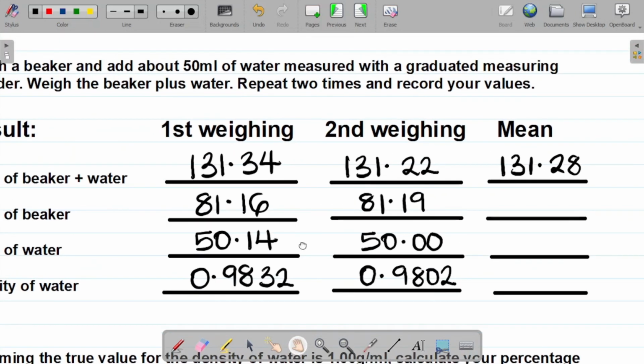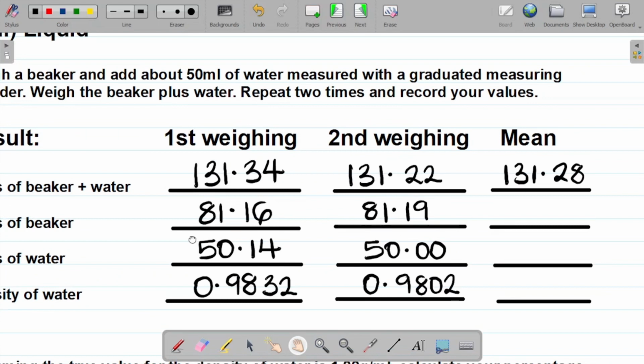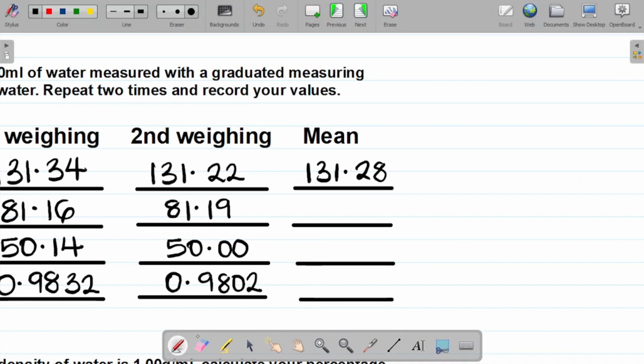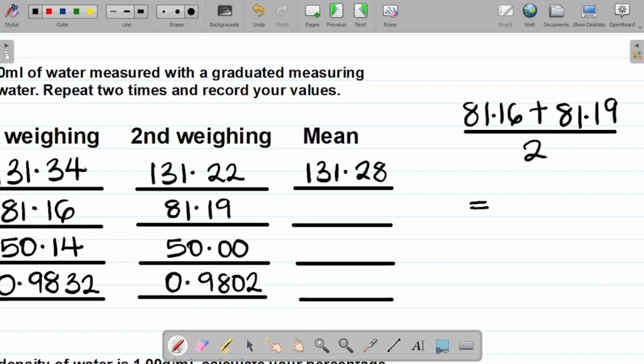All right, the next one here is the mass of beaker. I have my first weighing and my second weighing, so I'll add them and divide by 2. My first weighing is about 81.16 plus my second weighing, about 81.19, divided by 2.